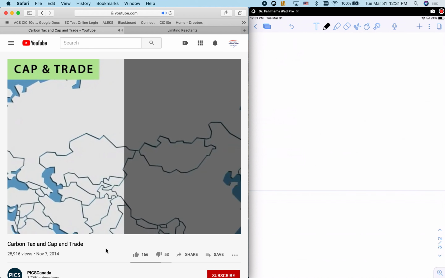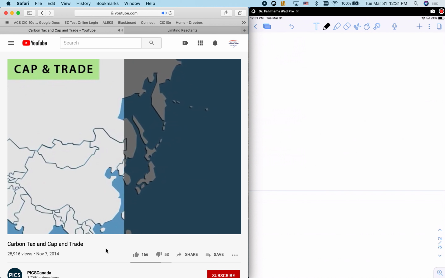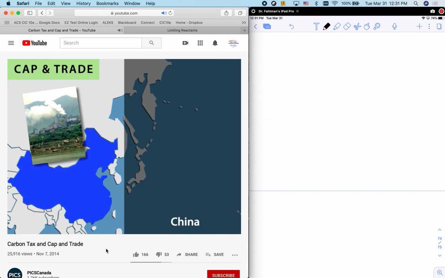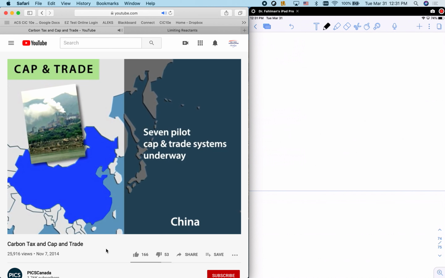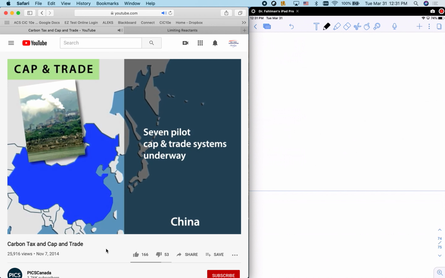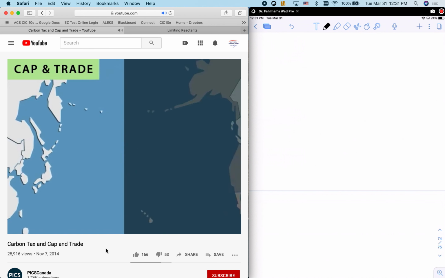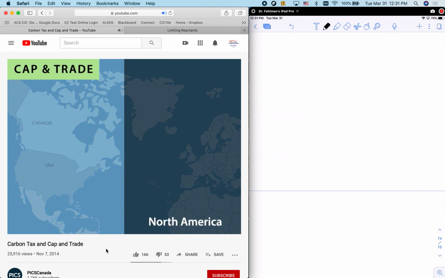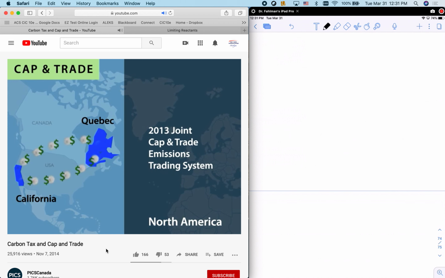Other jurisdictions are actively exploring the cap and trade approach. China, for example, now has 7 pilot cap and trade systems in operation at the provincial and city scales. In North America, California and Quebec established a joint cap and trade system that entered into effect in 2013.